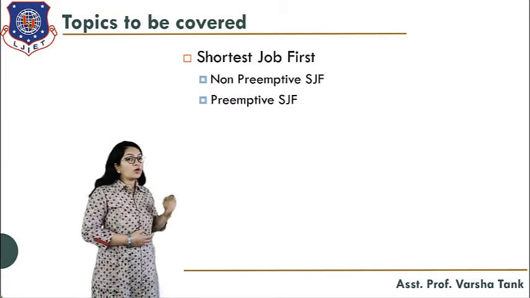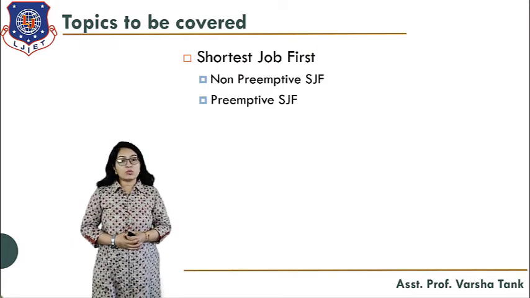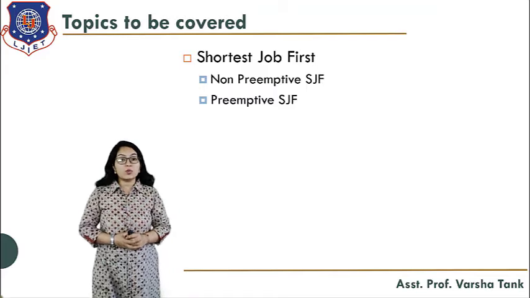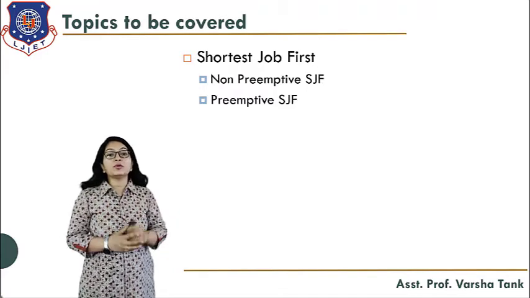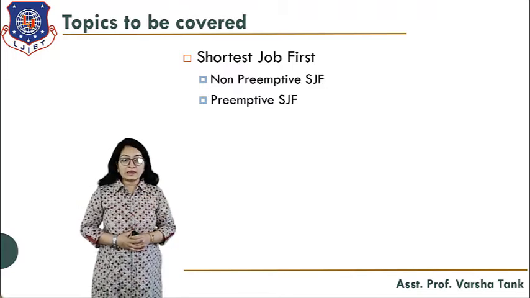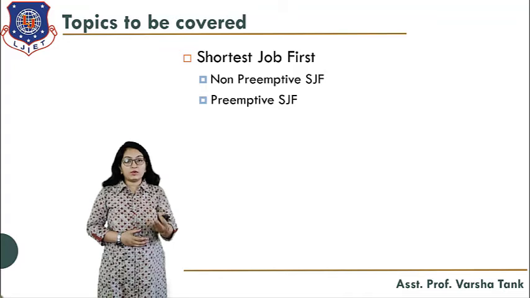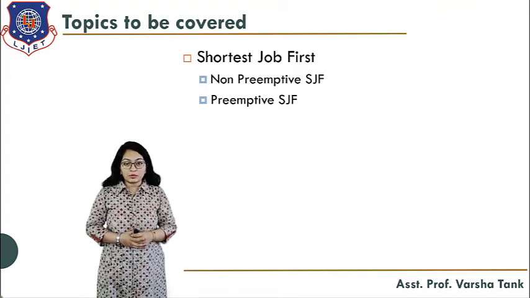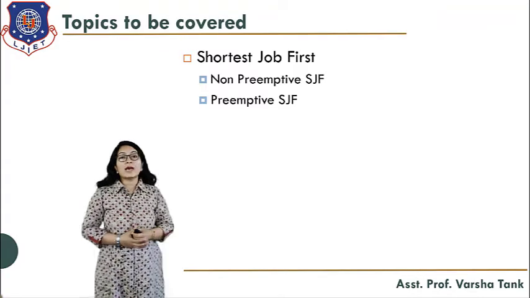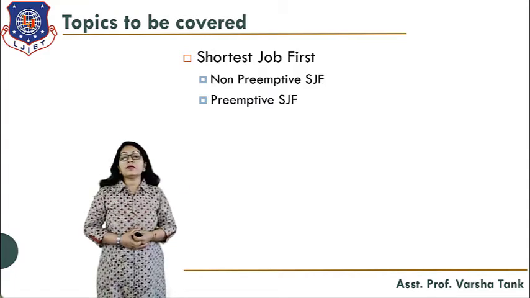Now what is the meaning of non-preemptive and preemptive? Non-preemptive means that once the CPU is assigned to any process, until and unless that process completes its execution, we will not preempt the CPU from that process. That is known as non-preemptive SJF. Another is preemptive SJF.